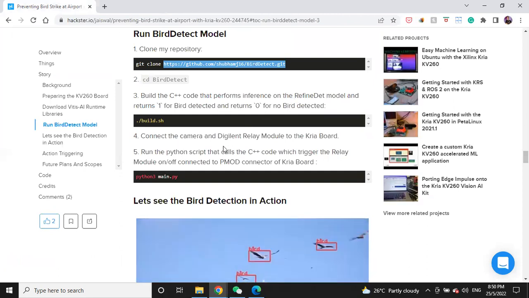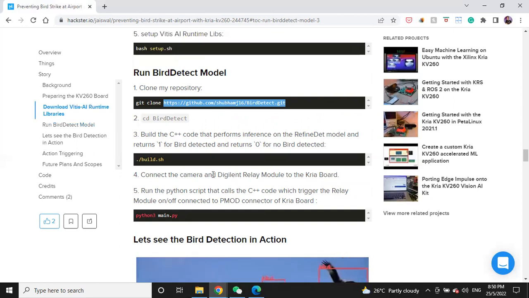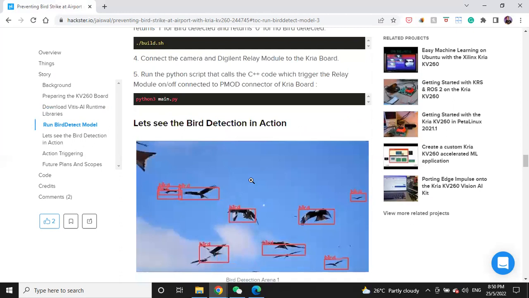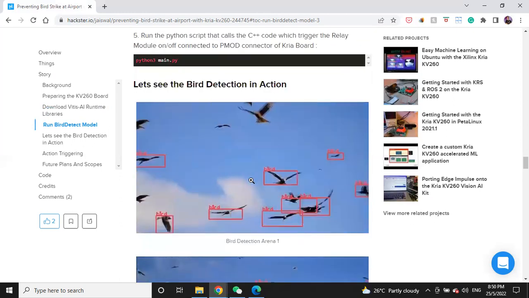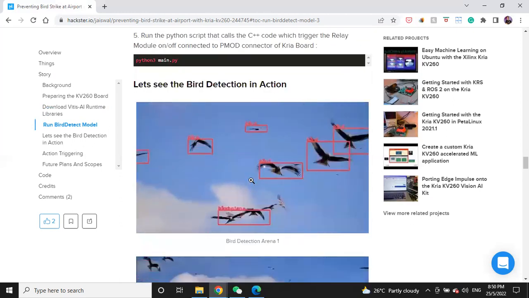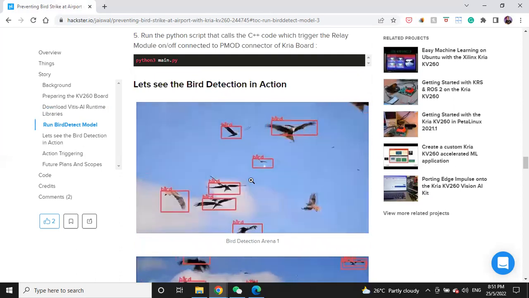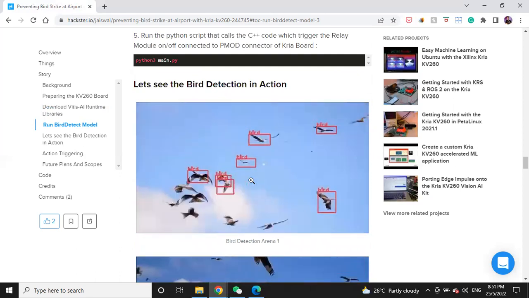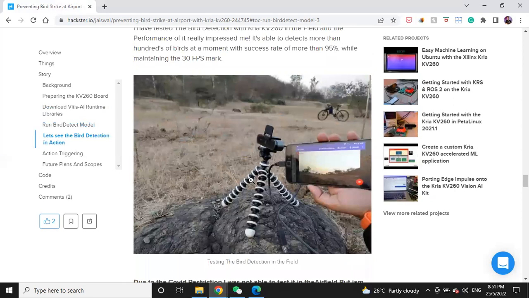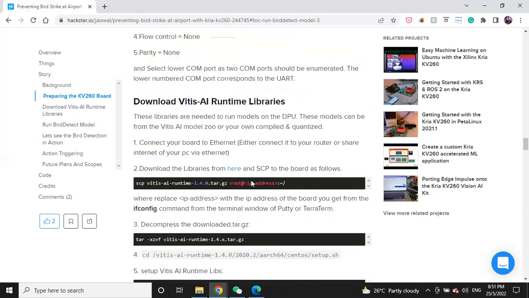I see. So it means this is a preview model by Xilinx, right? Correct. Otherwise, you have to train the model on TensorFlow or Caffe, and you have to prune it and refine it. There are a lot of steps documented on the Xilinx website on how you can use a custom-built model.